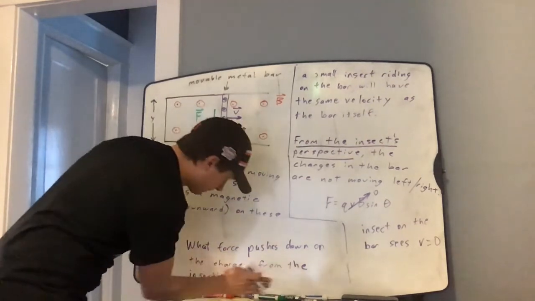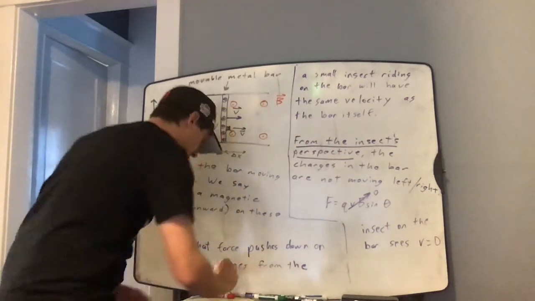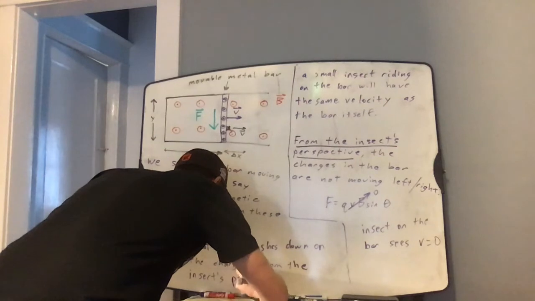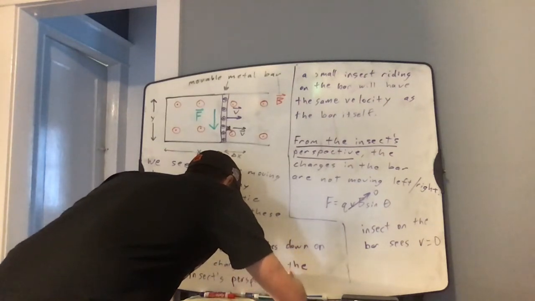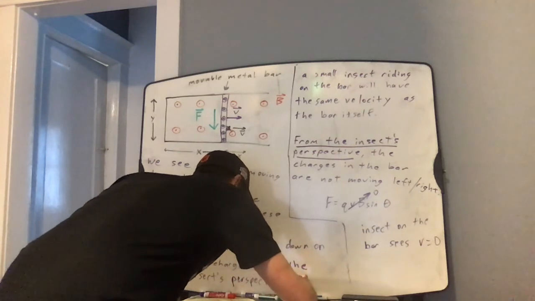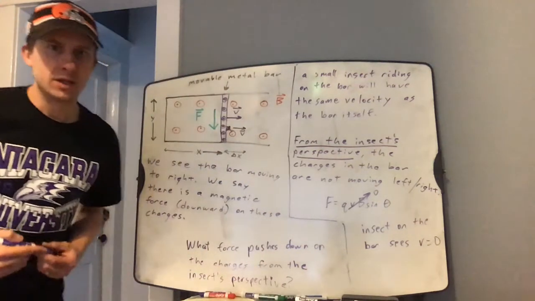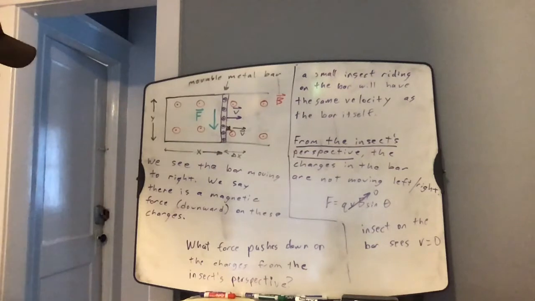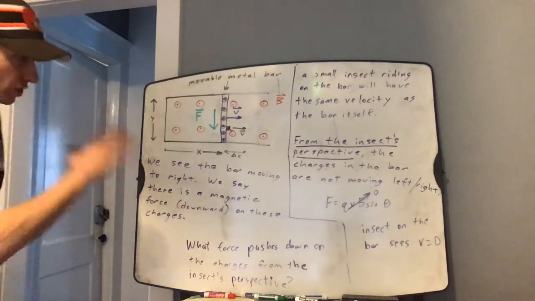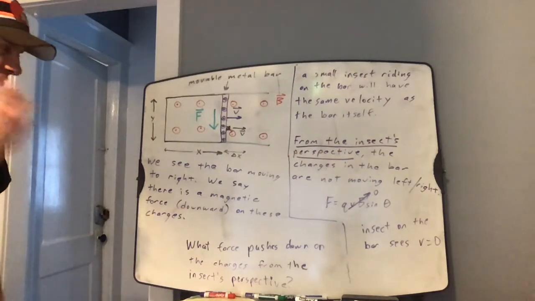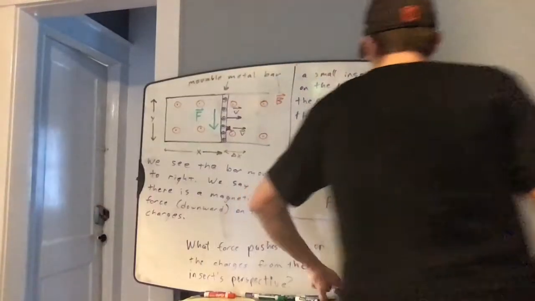So what is the nature of this force from the insect's perspective? We say it's the magnetic force. What will the insect say it is?